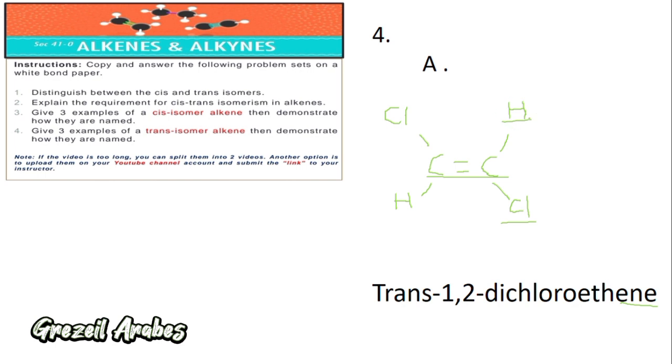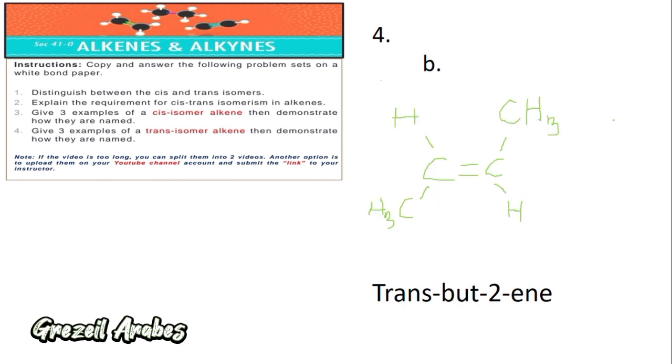So it is our example of trans isomer alkene, ma'am. But it is still a cis-trans isomer alkene, ma'am, because the groups here are still non-identical. However, just the position of them is different from cis isomer alkene. That would be all, ma'am.